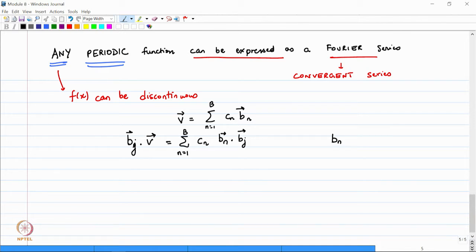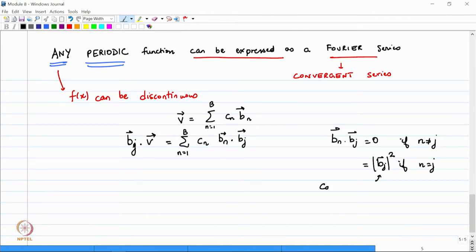So b n dot b j equal to 0 if n is not equal to j, and is equal to b j squared if n equal to j. And this can be chosen to be 1.